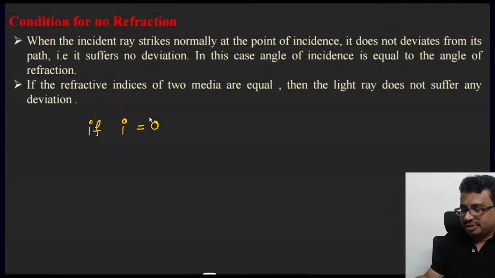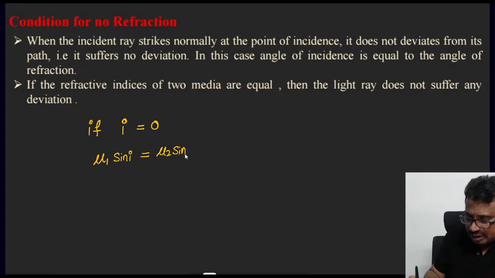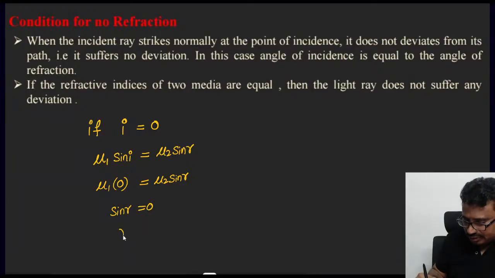In the Snell's law equation we have seen, mu1 into sine I is equal to mu2 into sine R. Sine 0 is 0, which is equal to mu2 into sine R. So sine R is equal to 0, that means R is also 0.